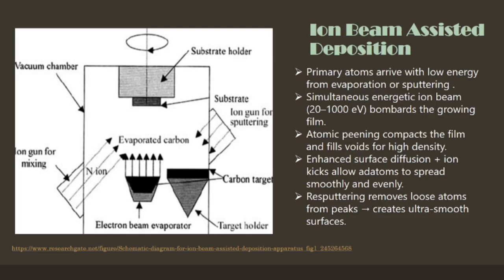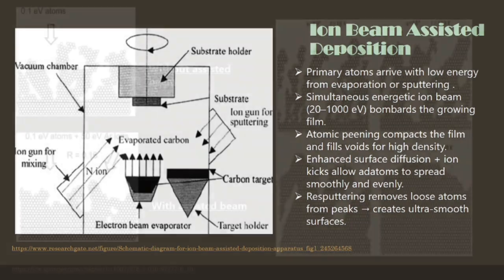These ions move with energy 22,000 electron volts, which is much faster and stronger than the arriving atoms. They act like tiny hammers, constantly tapping the film as it grows. When an ion hits, it creates small recoil movements. This recoil movement helps the atom move into empty space. Why it is necessary, I'll show you in the next slide.